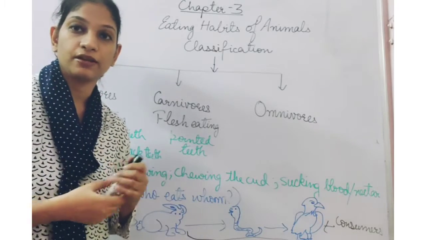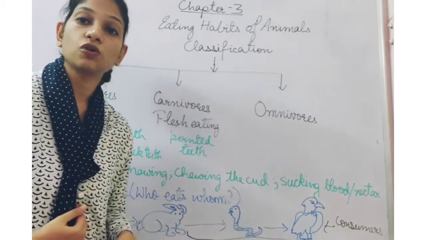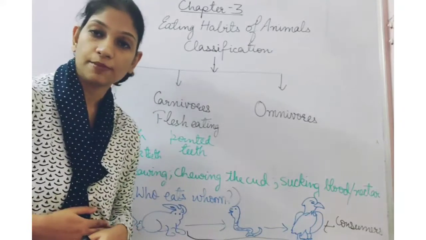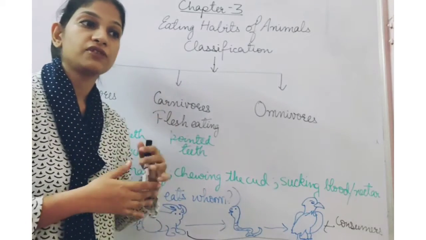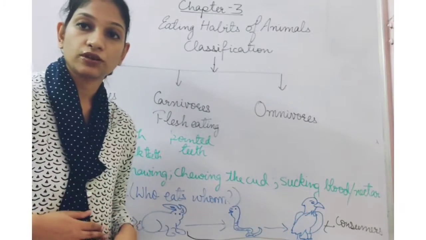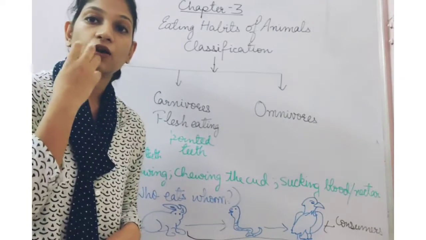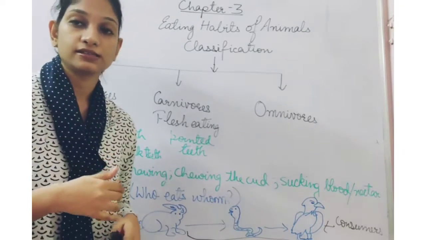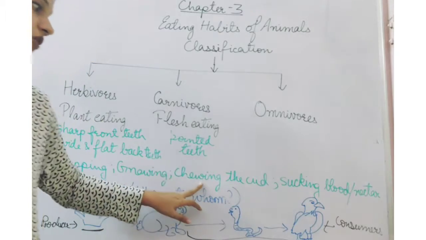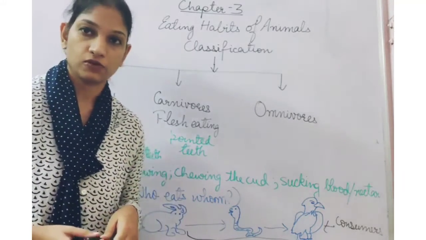Why does this happen? Because when a cow eats its food, first it swallows it and stores it in its stomach. After some time, when it sits, that stored food comes back to its mouth. And then the cow chews it and eats it. That is called chewing the cud. It is common in cows and buffaloes.